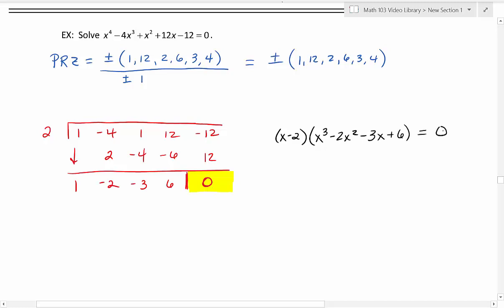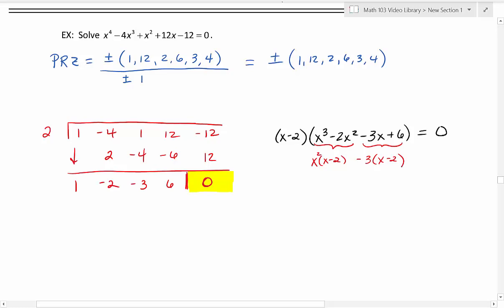All this is still equal to 0 because we started with an equation. Since my cubic factor has 4 terms, every time I have 4 terms, I try to factor it by grouping. This time, factor by grouping is going to work.